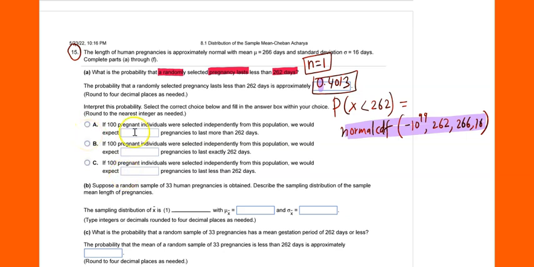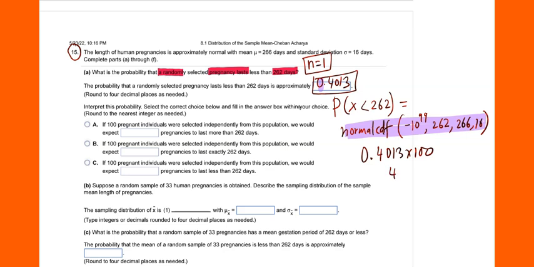Now, the other part. This is for all randomly selected pregnancies. Therefore, if you select 100 pregnancies, you multiply 0.4013 times 100. What do you get?